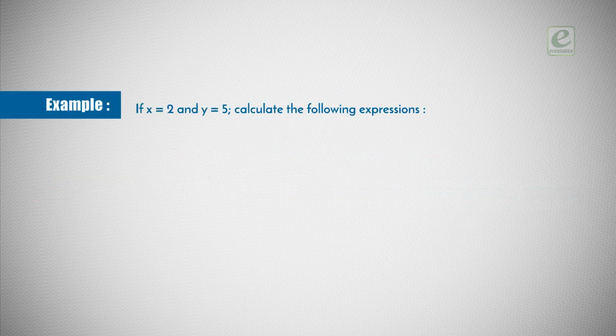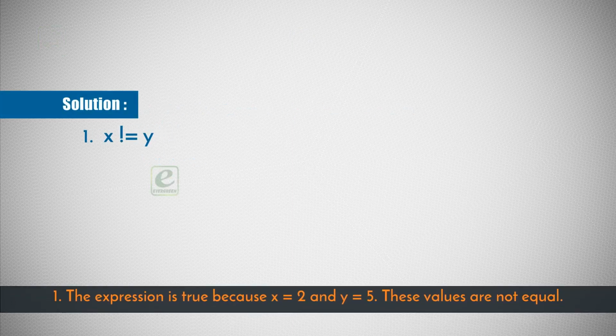Example. If x equals 2 and y equals 5, calculate the following expressions. x not equal to y, x less than y, x plus y less than or equal to y. Solution. The first expression is true because x is equal to 2 and y equals 5.